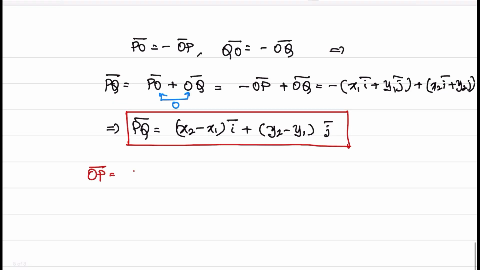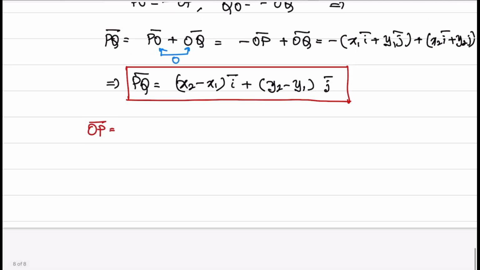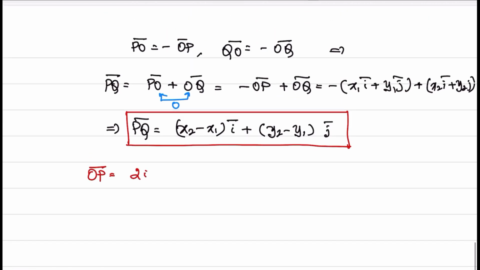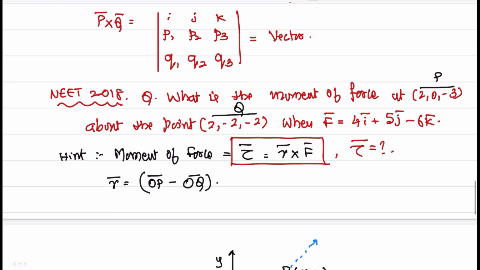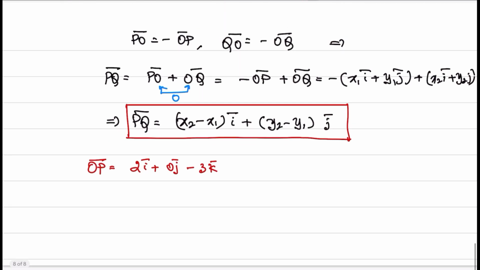That means OP is 2i plus 0j, because the j value is 0, minus the k value, that z1 is minus 3, minus 3k.